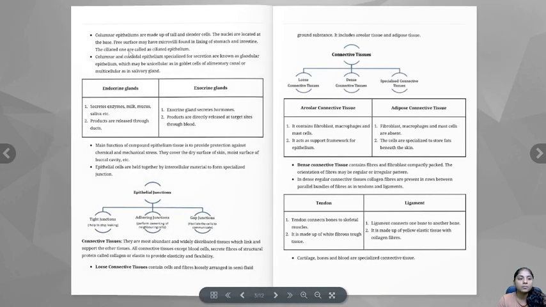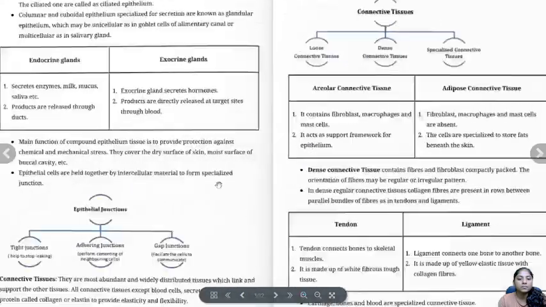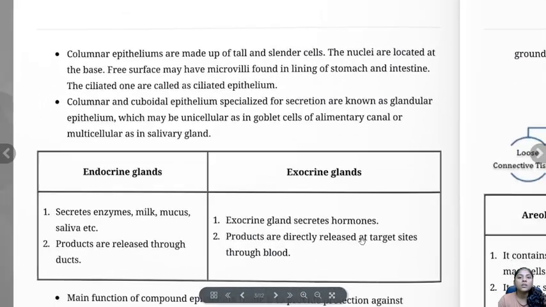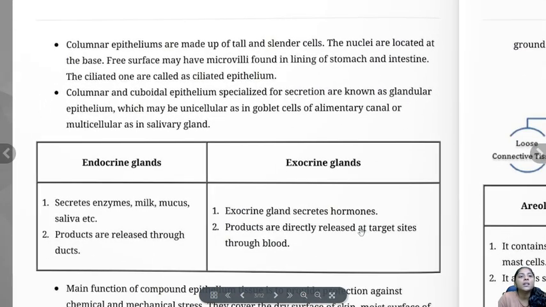Then the third type, that is columnar epithelium, is made up of tall and slender cells. The nuclei are located at the base and the free surface may have microvilli. These are found in the lining of the stomach and intestine.